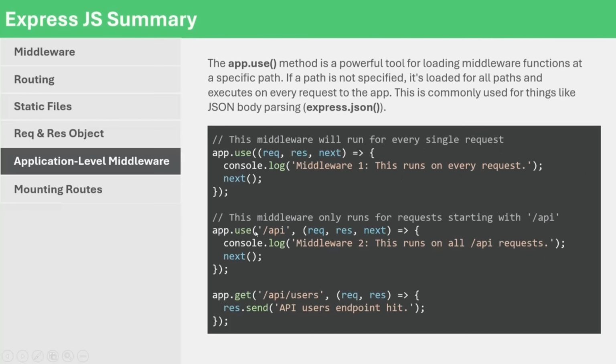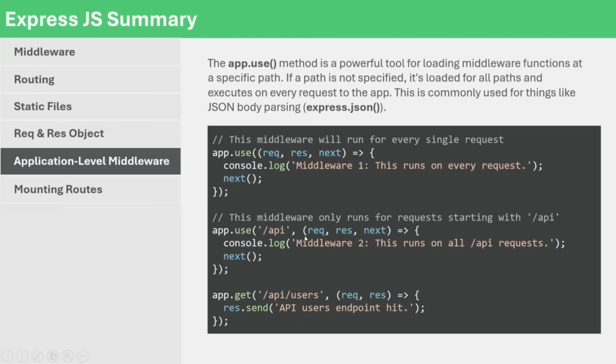On the other hand, this use method also has another overload where we can specify the path on which we want to execute a specific middleware. In this example, this middleware function which we are passing as the second argument will be executed for only those requests which are going to come for this URL endpoint, which is /API.